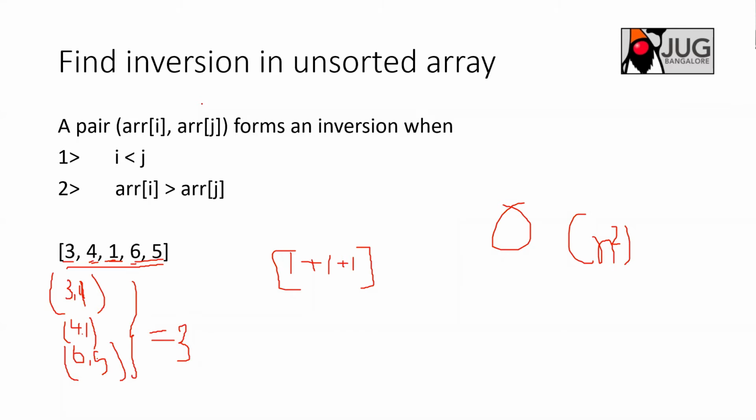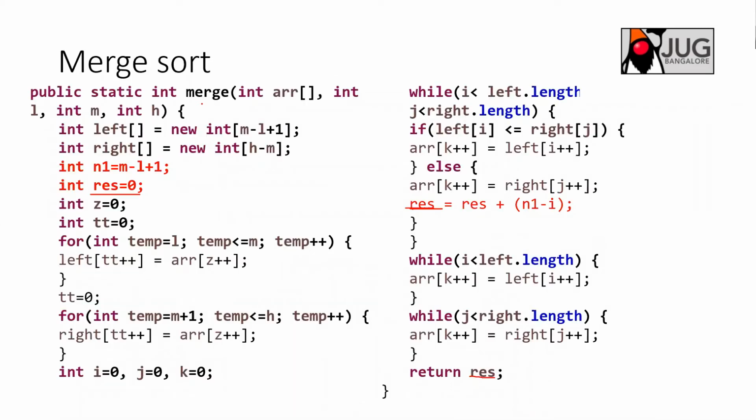And you already know this merge sort, right? The merge function in merge sort already does that in big O of n time, and with a small modification like declaring one more variable and a single check, you are doing that. So that is what it does.